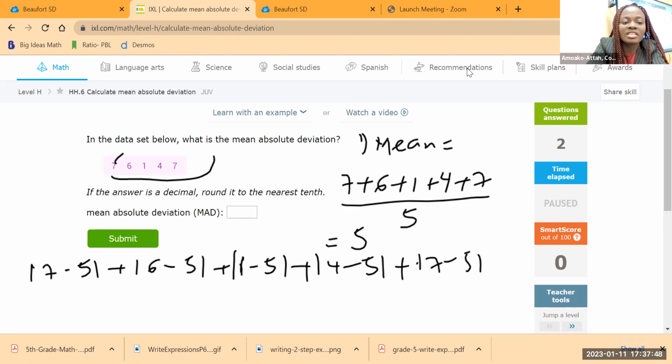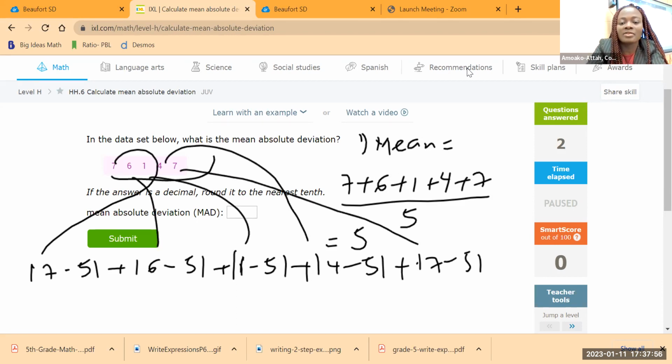So we picked these: 7 minus 5, 6 minus 5, 1 minus 5, 4 minus 5, and 7 minus 5, all absolute values. I believe you remember what an absolute value is, because I treated this before. If you have forgotten, don't worry, go back for reference.